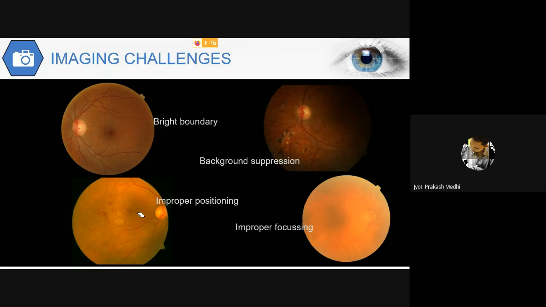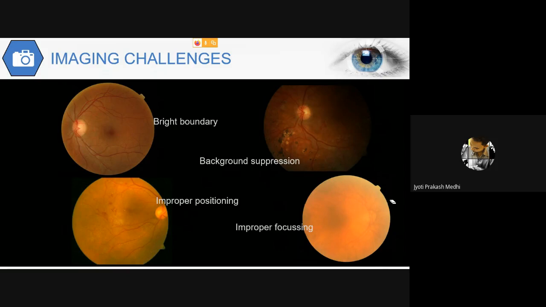If the patient under observation is moving his or her eye and is not in a proper steady state, then this type of issue occurs, where we cannot identify properly the optic disc region, because a slight region of the optic disc has been eliminated during the imaging process. Then improper focusing: if the focusing is not proper, then also we cannot identify, although the image has been taken.